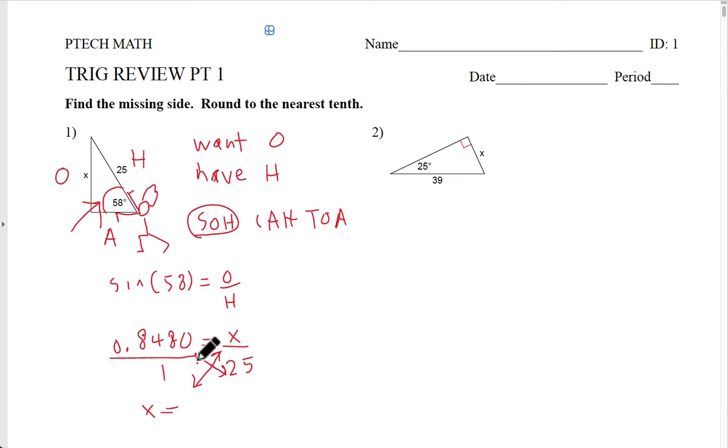I'm just going to plug that into the calculator. 0.8480 times 25, and I'm going to get 21.2. Well, 21.2 is exactly what you get, but if we round it to nearest tenth, it still comes out to 21.2. And then that's it. That means X is equal to 21.2.